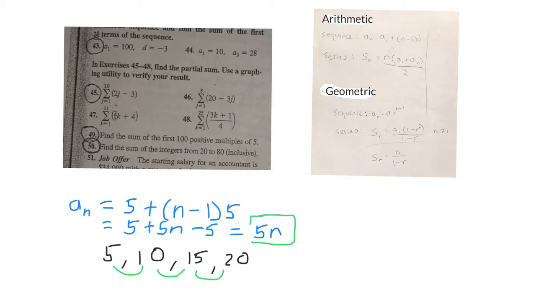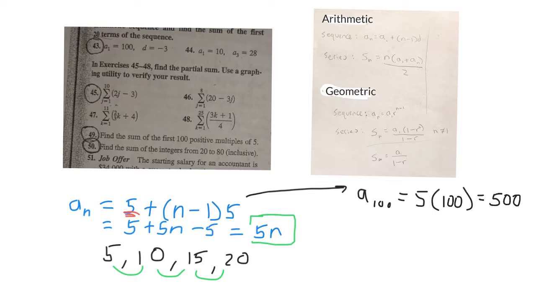The last term, the 100th term of positive multiples of 5, to use this formula once again, is going to be a sub 100 equals 5 times n, because it's 5n, right? So 5 times 100, and that, of course, would give us 500. So we know what the last term is. The first term of the sequence is most definitely 5. We made that clear before. And the last term in this particular sequence is 500. We just made that clear now.